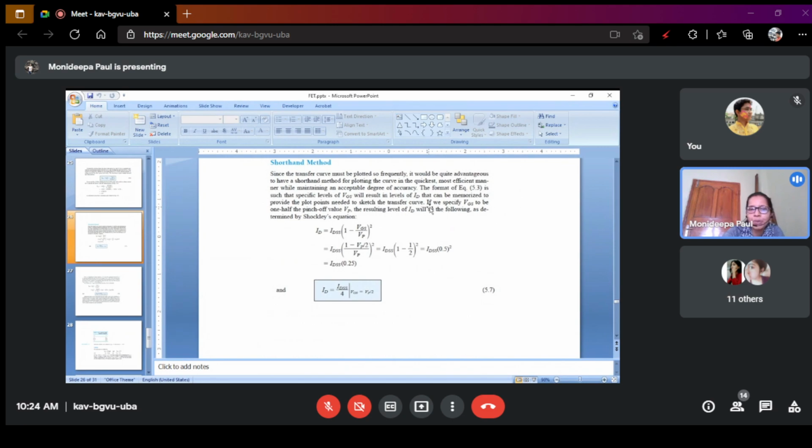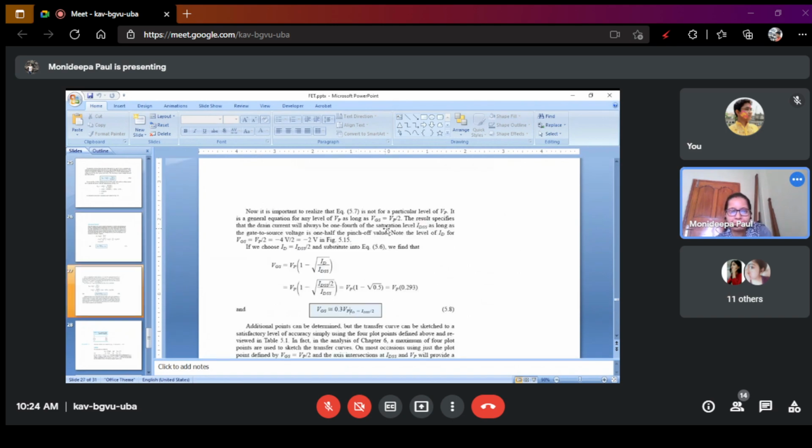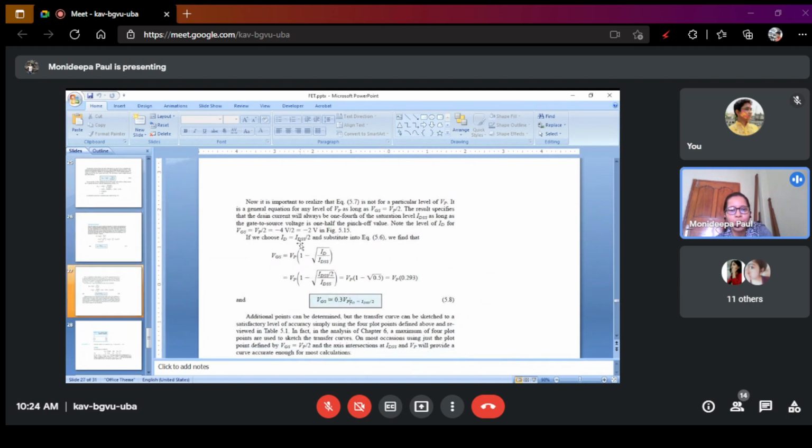What we do, first in this case, we consider that VGS to be 1/2 of the pinch off voltage. If we apply this assumption, that is VGS is equal to 1/2 of VP and ID is equal to IDSS by 2, then we can get the transfer curve very quickly, and this transfer curve is nearly the same as the actual transfer curve.